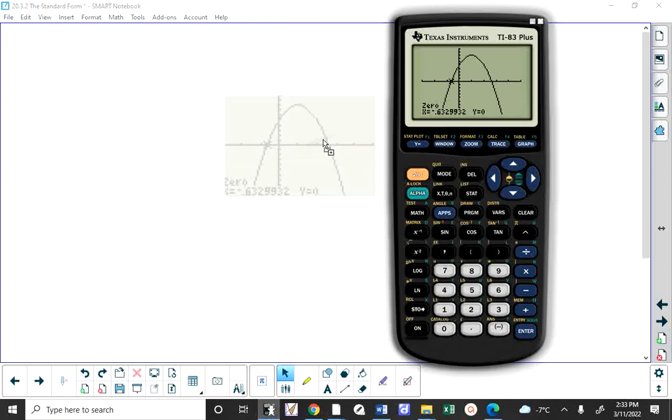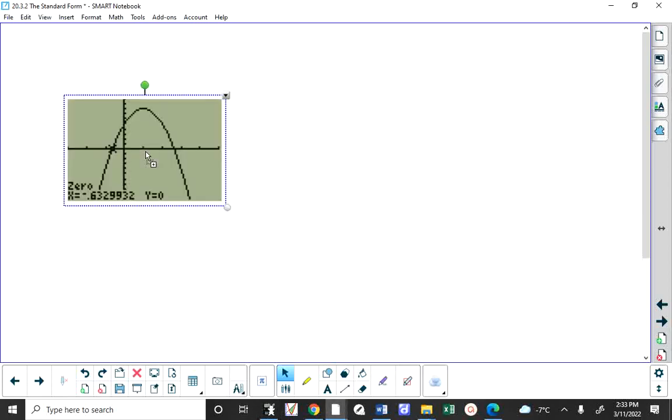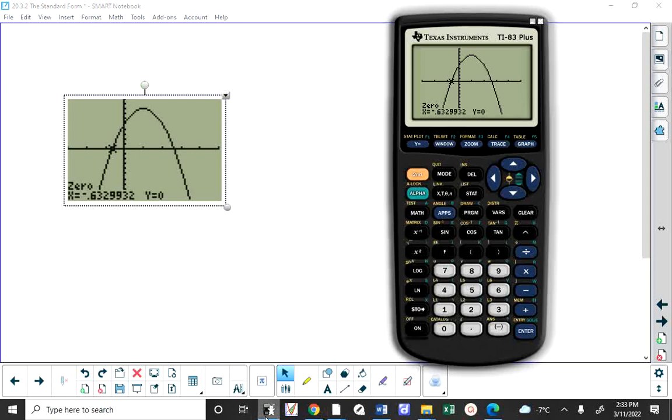One of our x-intercepts is this number, approximately. We'll learn a lot more about those x-intercepts later, next week, maybe even the week after. And then I repeat the process on the other side. So left boundary is maybe around 2. Right boundary is maybe around 3. And again, if you don't want to eyeball it and enter them, you can scroll and then hit enter.